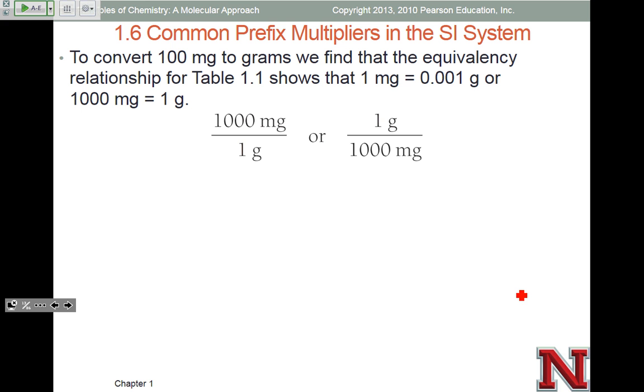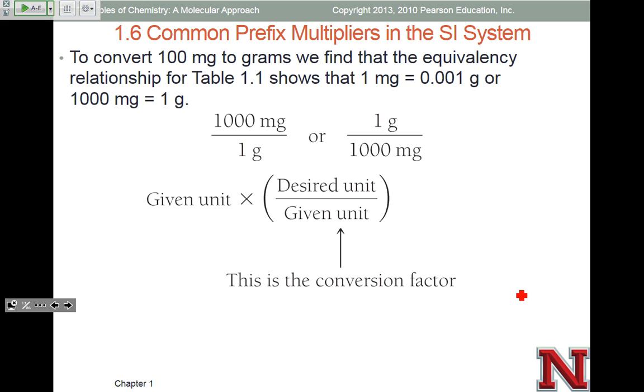So if I'm starting with something in the units of grams, then I just choose this one because I want my desired units to cancel out. What happens if you divide 20 divided by 20? You get 1. So if you divide a given unit by a given unit, you get 1. And that's our unit conversion, and we'll be using that a lot.